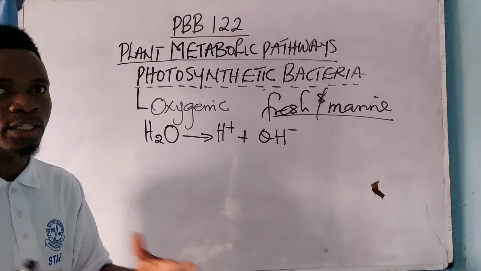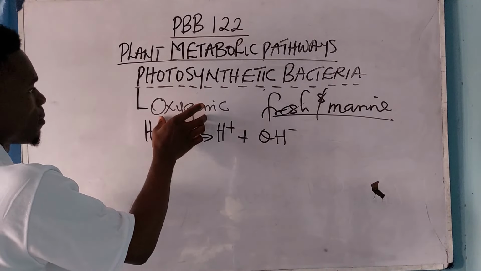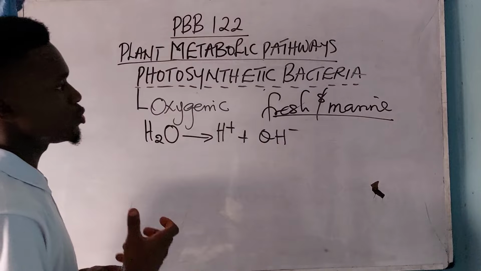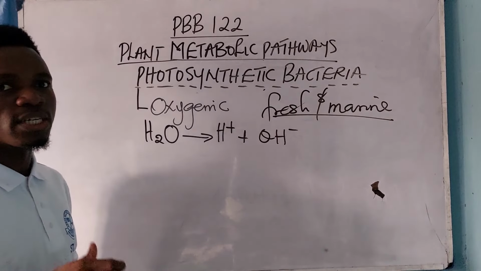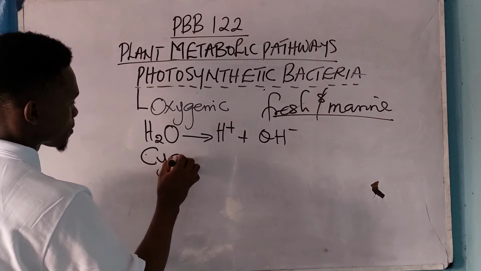They are found in both land and water. Take note of that. Now, bacteria which can produce their own food by using a green pigment are called cyanobacteria.